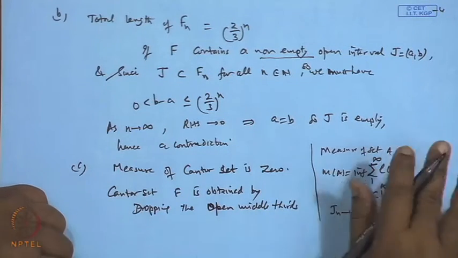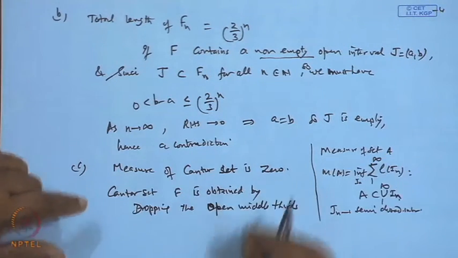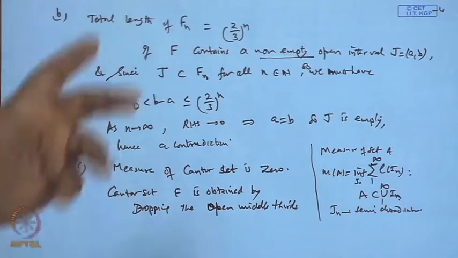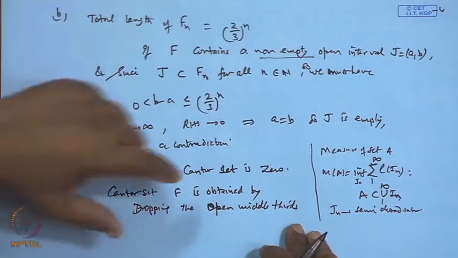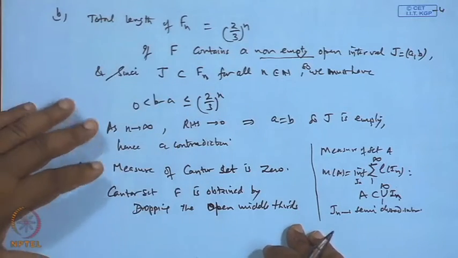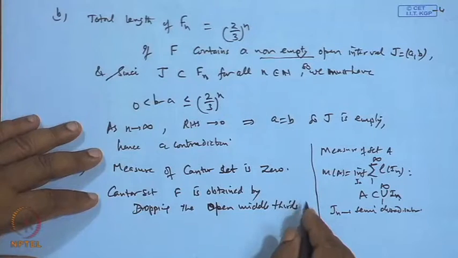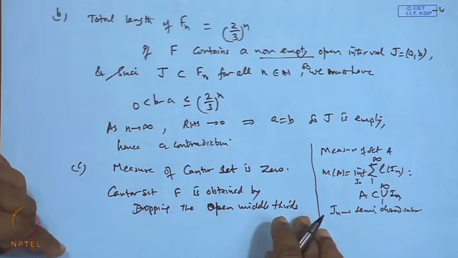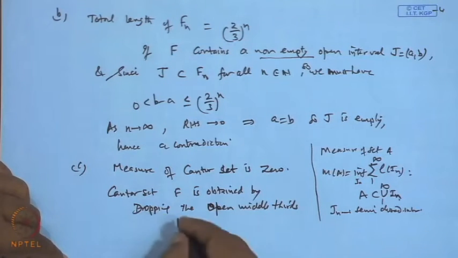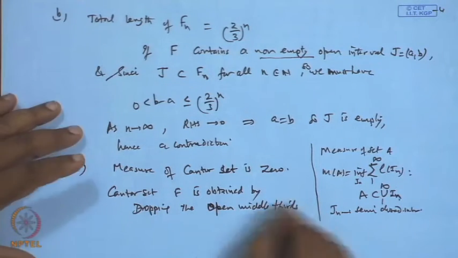When you divide the closed interval into 3 parts, you drop the middle third, and the remaining one, for n sufficiently large, is obtained by successive middle thirds.